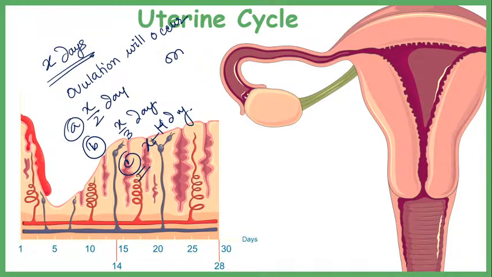If the total menstrual cycle that we discussed is about 28 to 30 days in females, if the total menstrual cycle is of x days, then ovulation will occur on x by 2 day, x by 3 day, or x minus 14 day. Simply answer that. With this, we will finish off today's discussion.